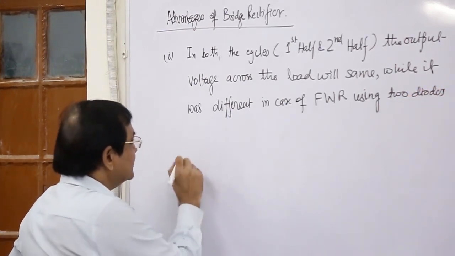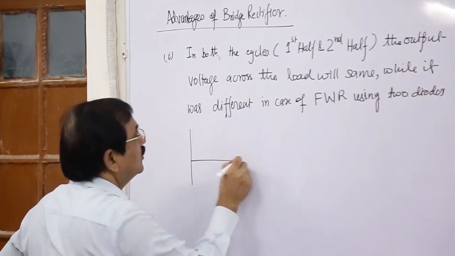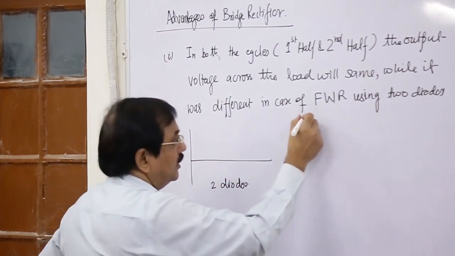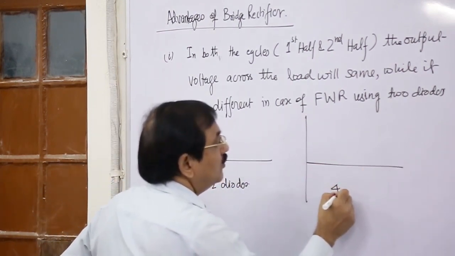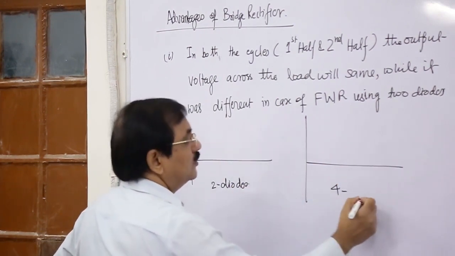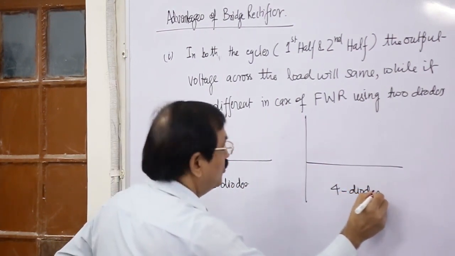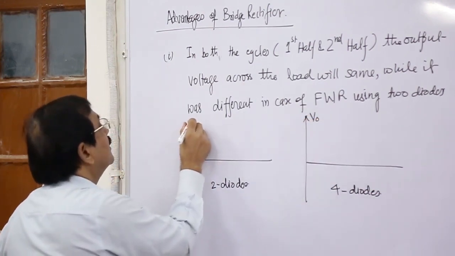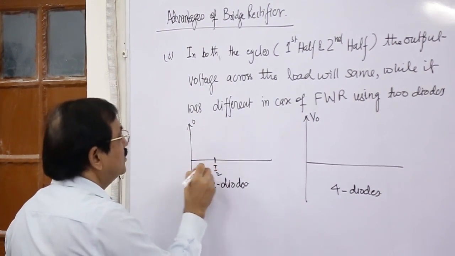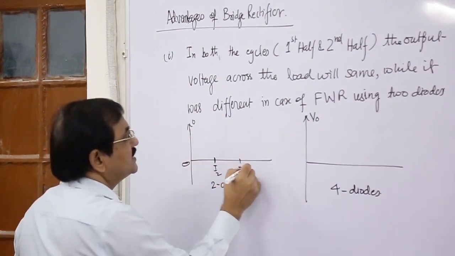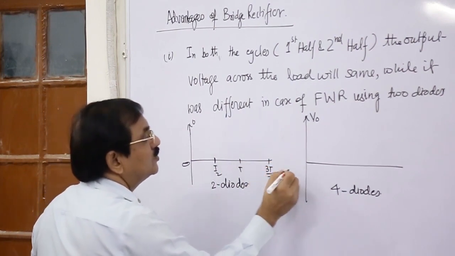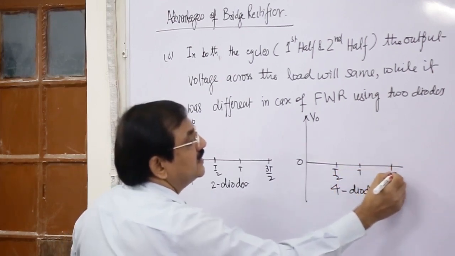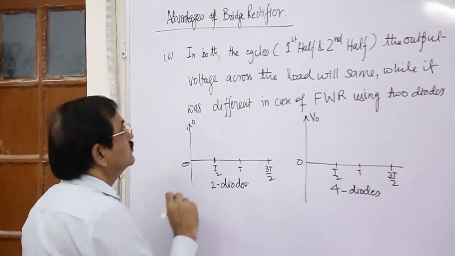So in case of two diodes, or in case of four diodes, VO output voltage, this is T by 2, this is 0, here it is T, this is 3T by 2; 0, T by 2, this is T, this is 3T by 2.